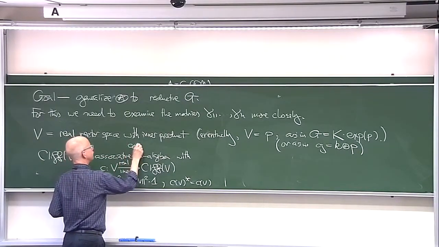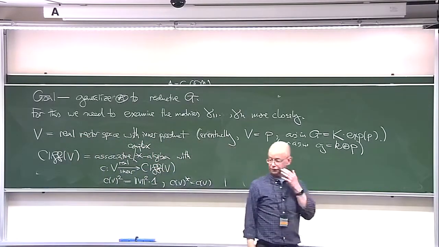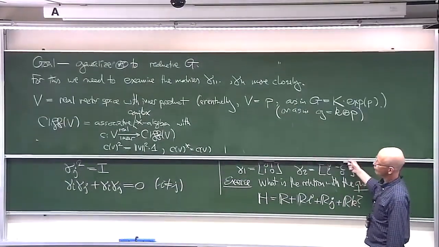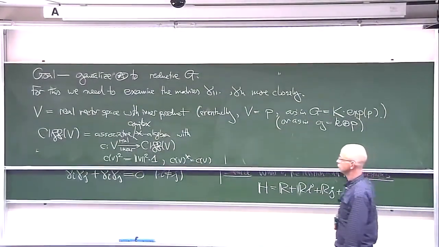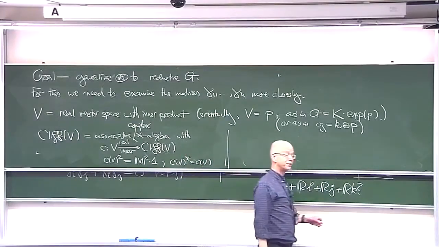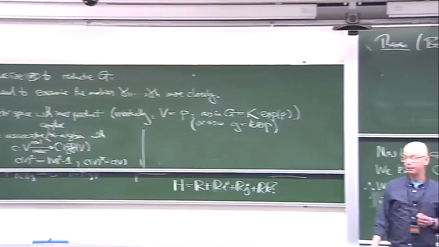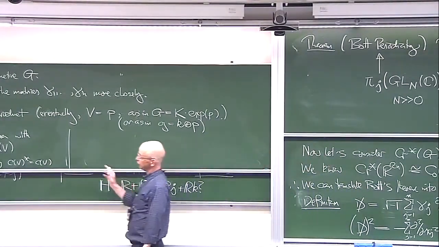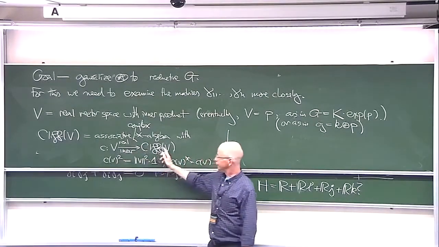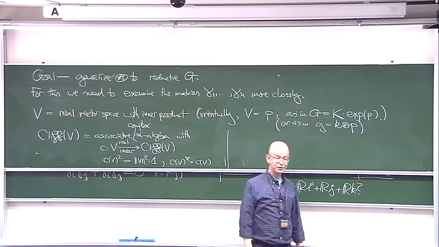You can study this in the realm of either real or complex algebras, but let's keep our life simple and talk about complex algebras. So what I'm interested in is, if you like, the universal algebra which satisfies these properties. I look at all possible algebras which contain the image of some real linear map from V, which satisfies these equations.